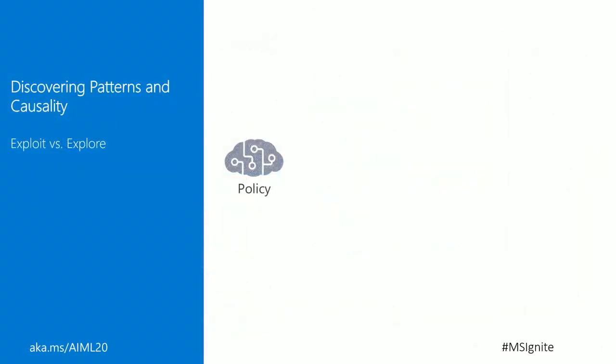But this isn't just a recommender system. Recommender systems have that unfortunate feature that they just kind of tell the user what they've already done. If you ever search for shoes on the web and then every product ad you get is for shoes, that's recommendation systems in action. This is different. So what Personalizer does is it's usually in something called exploit mode, where it recommends the best activity based on the history and all we just saw.